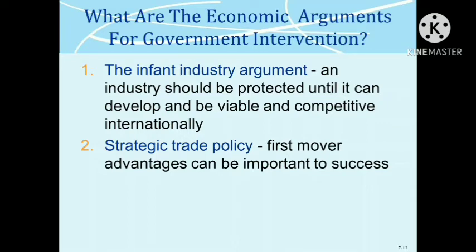The strategic trade policy argument also has two components. First, it is argued that by appropriate actions, a government can help raise national income if it can somehow ensure that the firm or firms that gain first mover advantages in an industry are domestic rather than foreign enterprises.